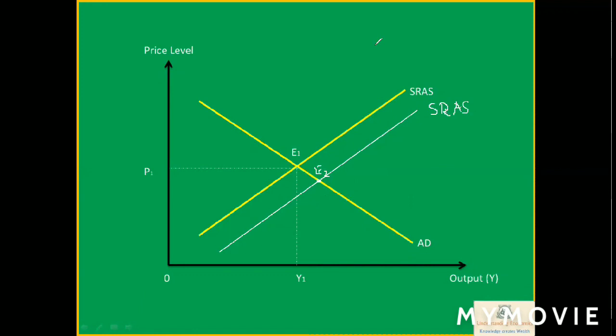At the new equilibrium point, we can see that the output level has gone up and the price level has declined. So there is a drop in price, but there is an increase in the output. Say the output has increased from Y1 to the Y2 level, and price level has gone down from P1 to P2.